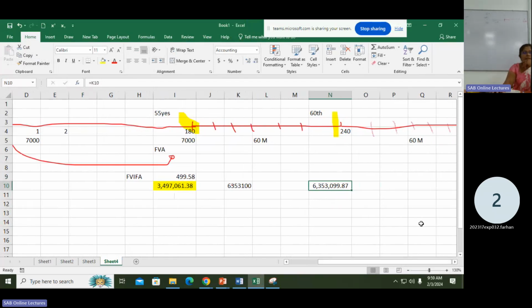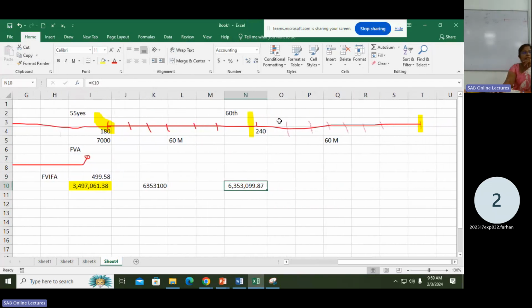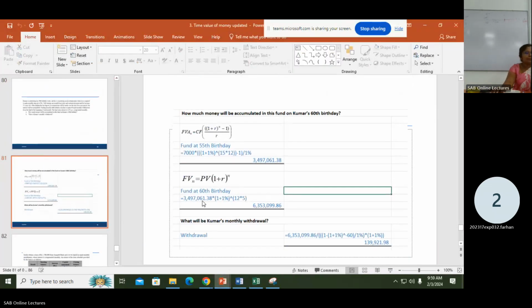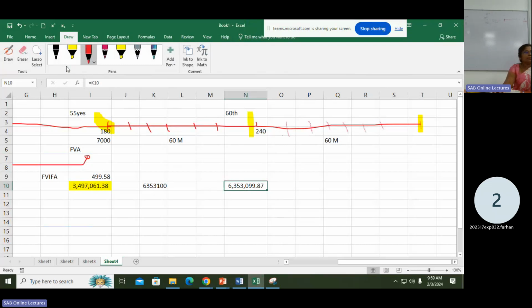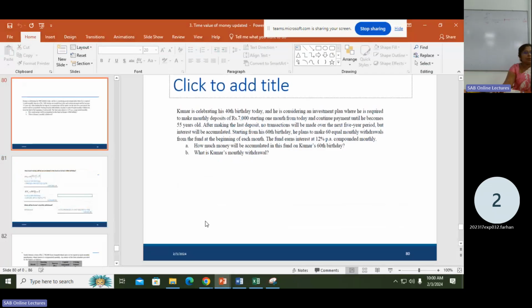From here onwards you are making 60 withdrawals, beginning from this period, for another 5 years according to this question. The question says you make 60 monthly withdrawals from the fund at the beginning of each month.